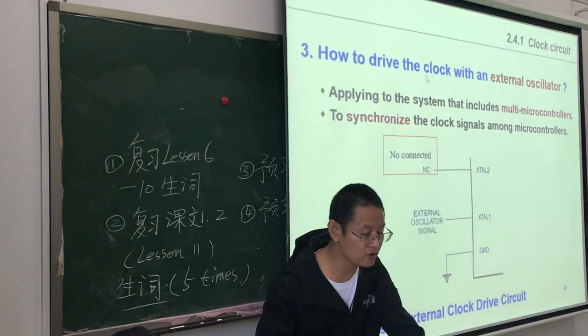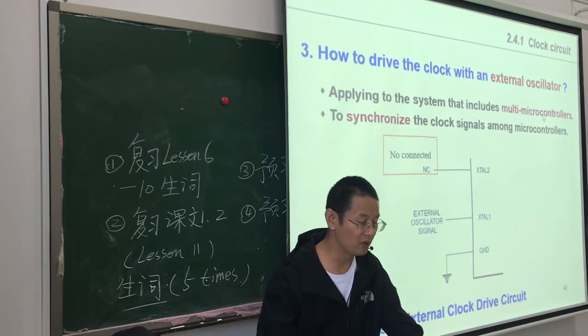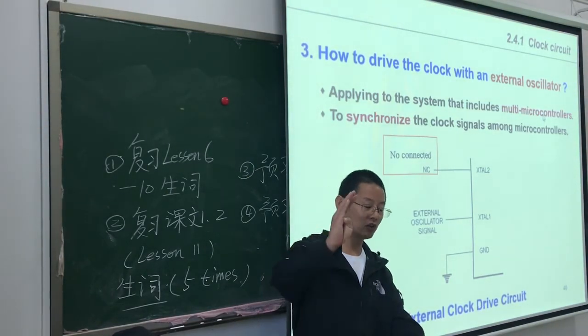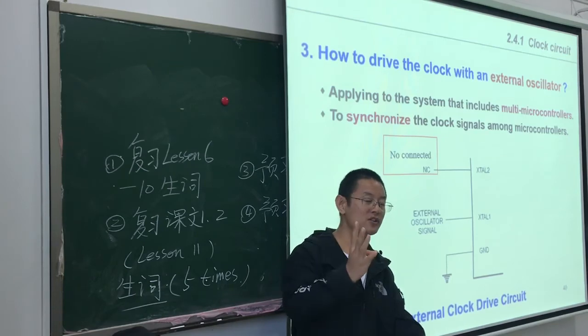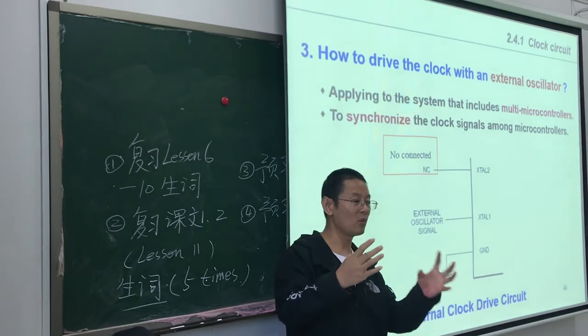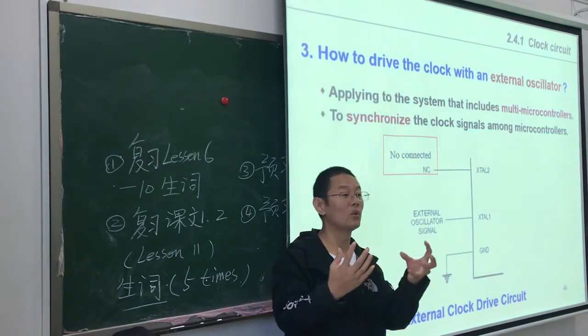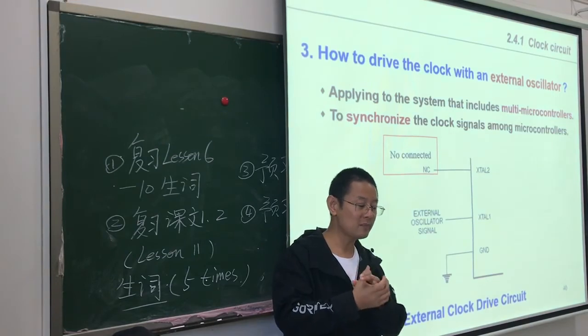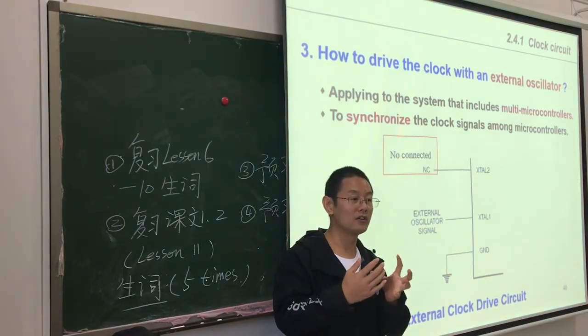How to drive the clock with an external alternator? Applying to a system that includes multi-controllers. For example, if you have more than one microcontroller, you need them to work together. So you must use the same clock.